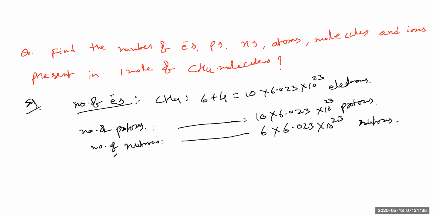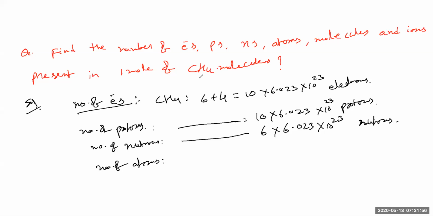Next, atoms. What is the number of atoms here? Number of atoms means how many atoms are there? Atomicity. Methane atomicity is 5. What do you mean by atomicity? Number of atoms present in the molecule is the atomicity, right?